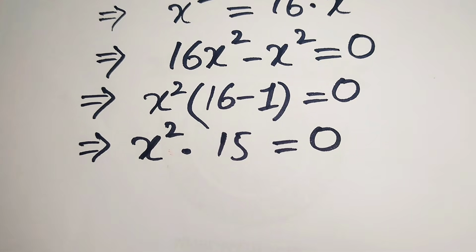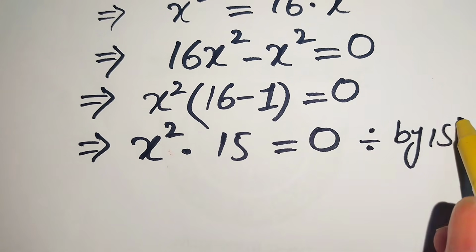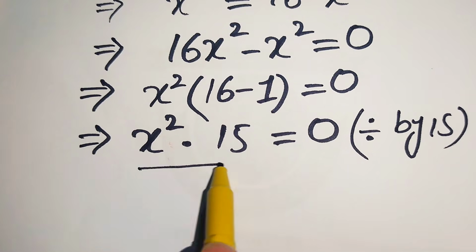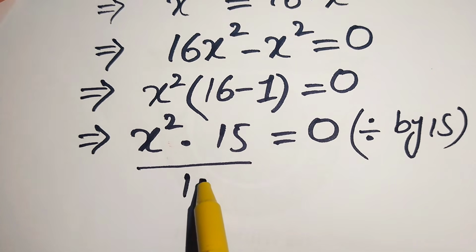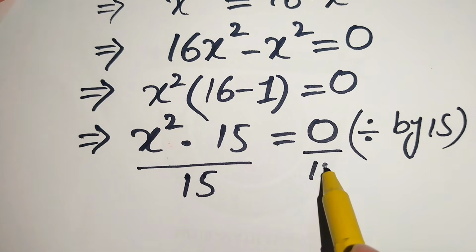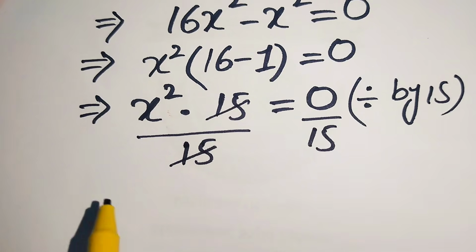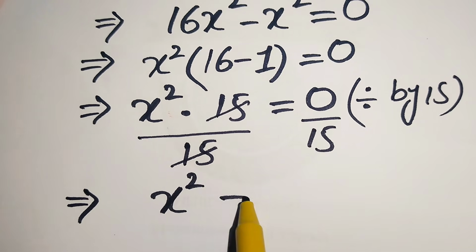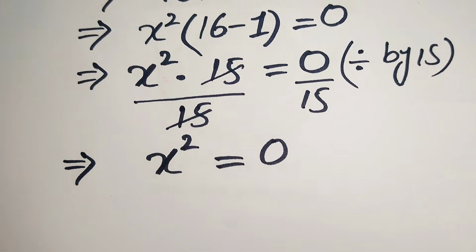And now for the values of x, we need to remove this 15, and for this we divide both sides by 15. So when we divide both sides by 15, this is written as x squared times 15 divided by 15 is equal to 0 divided by 15. This 15 and this 15 cancel out, and we get x squared is equal to 0 divided by 15, which is equal to 0.